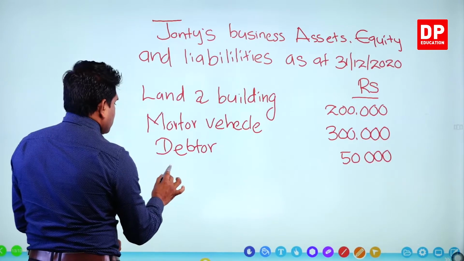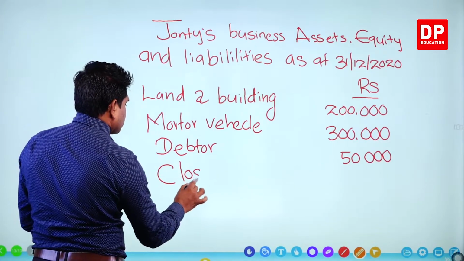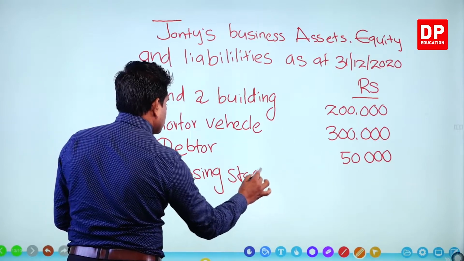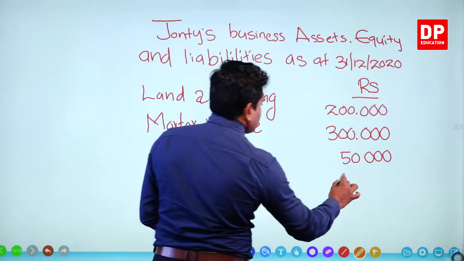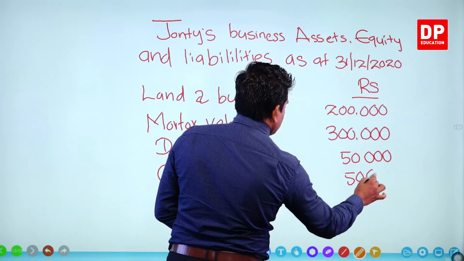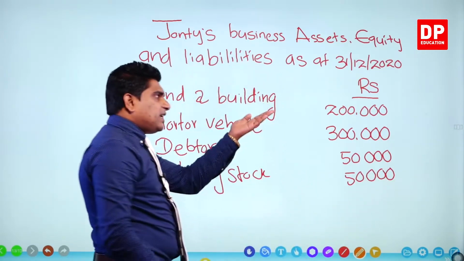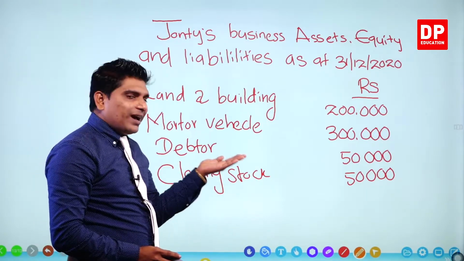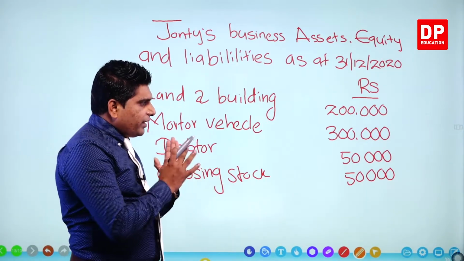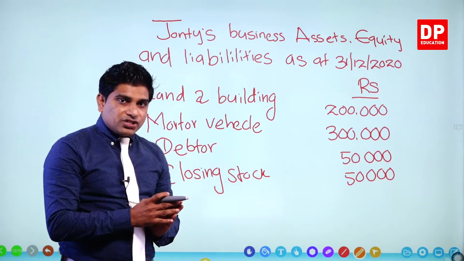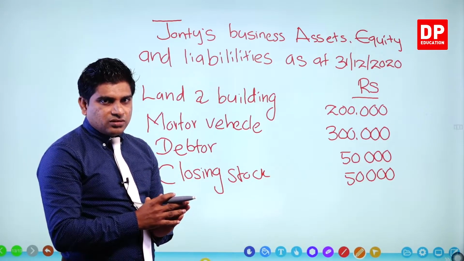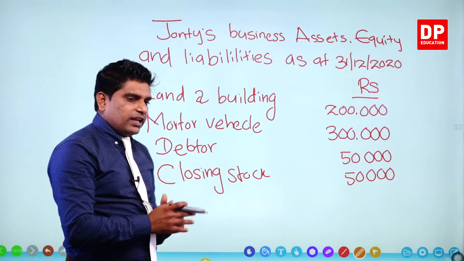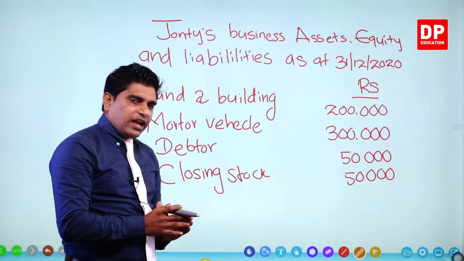The other one, closing stock. Closing stock also how much? The same amount, same value, 50,000. Now you can see here, there are two non-current assets. There are two current assets also, right? You have to enter these details in the statement of financial position under relevant category, right? I'll give more details. The assets side finish.